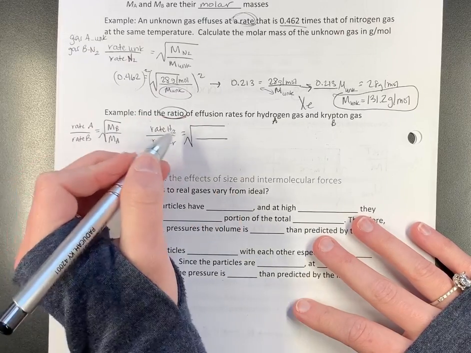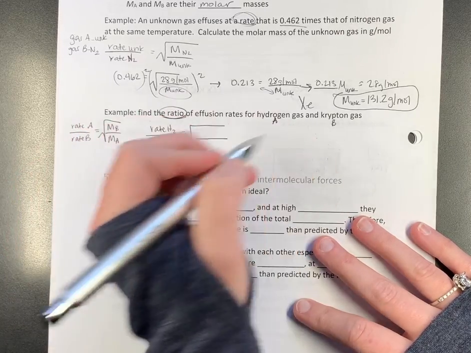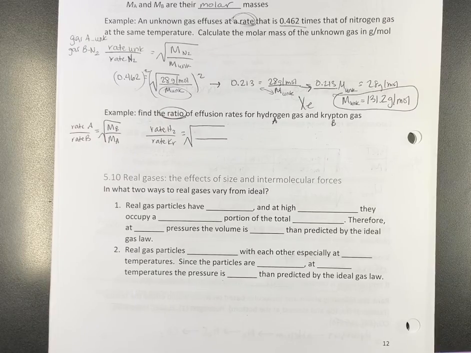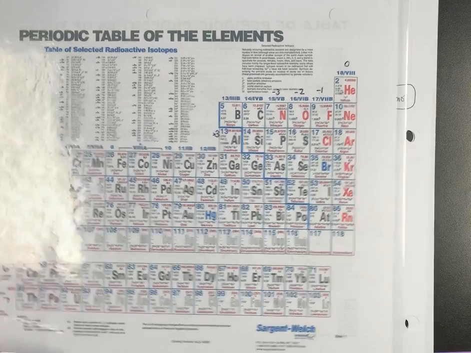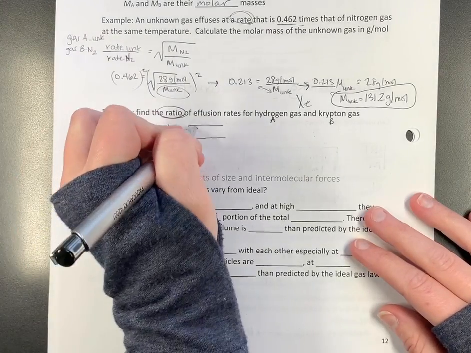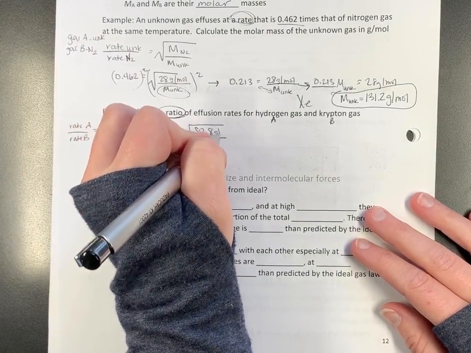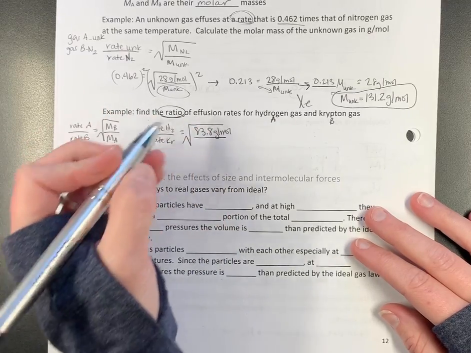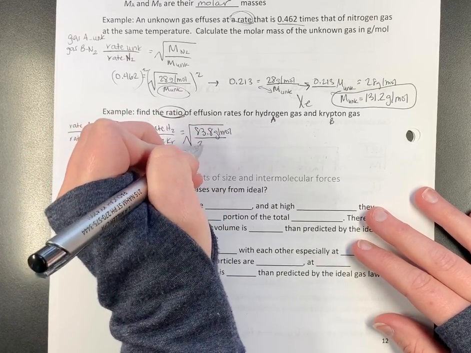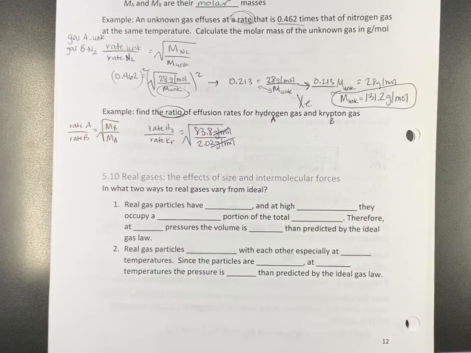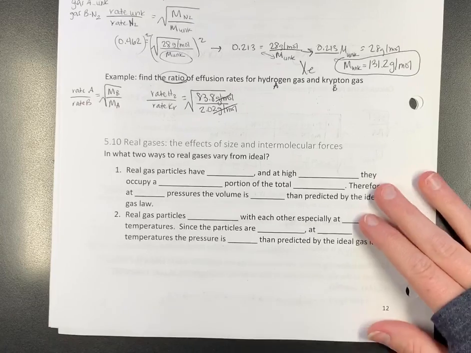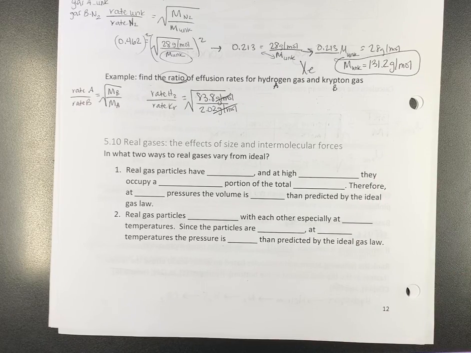So now we need molar mass of krypton, which is 83.8 grams per mole. Hydrogen gas, we'll go with 2.02 grams per mole. Look, the units cancel. It's so beautiful.